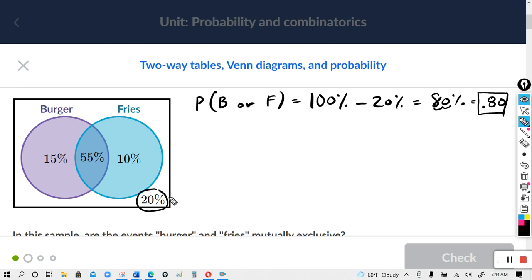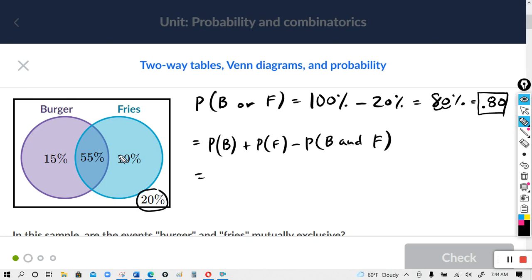And now, if you didn't like that method, you can use the formula: probability of burgers plus probability of fries minus the probability of both burgers and fries. So that's more difficult.